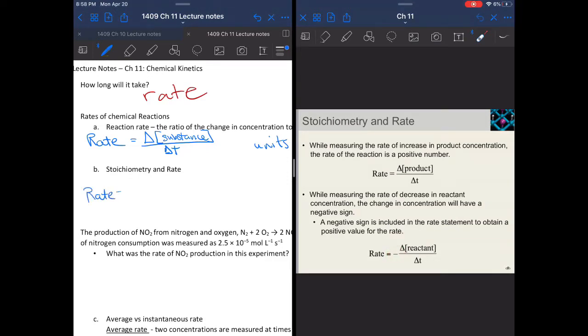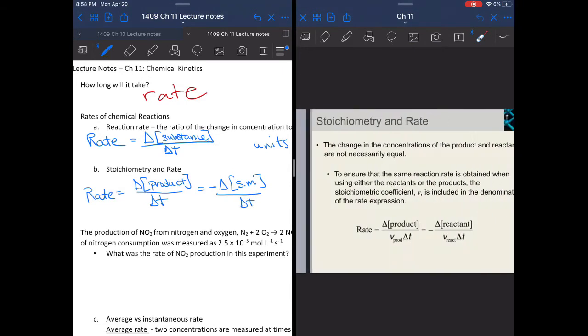If you're looking at the product, that's going to be an increase in concentration over time, and the rate should be a positive number. If you're looking at the starting materials going away, there will be a negative to counteract that negative change in concentration of starting materials over time.